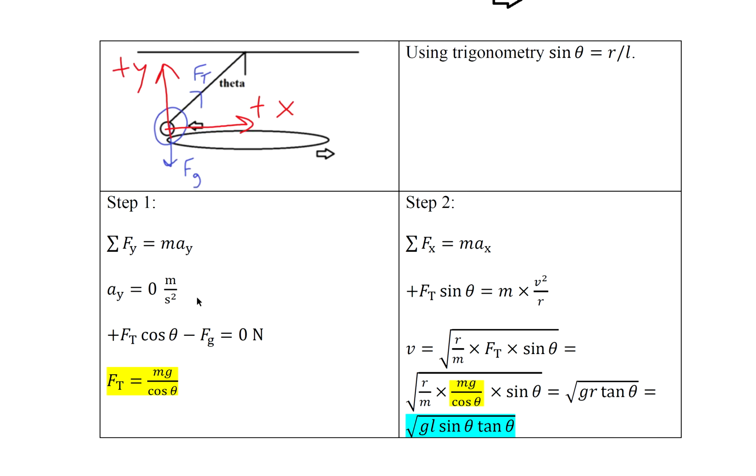So we know using trigonometry, sine of theta is equal to r over L. And we could substitute this FT here. And then we know that v equals the square root of g L sine theta tangent theta.